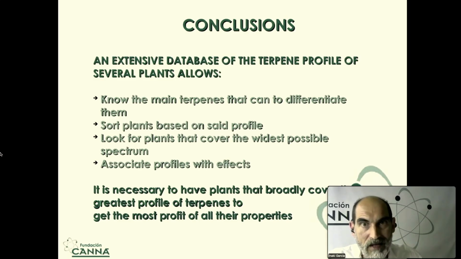And if we want to make various types of cannabis available to patients, we have to try to cover the broadest and most varied spectrum of aromatic profiles, since some profiles will surely be more suitable than others according to the personal preferences of the patient and the pathology they suffer from.